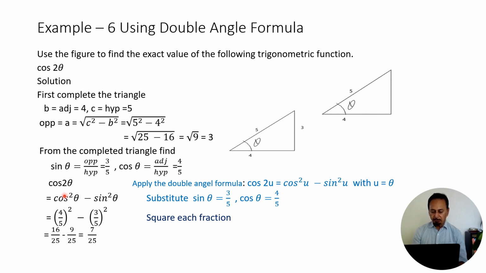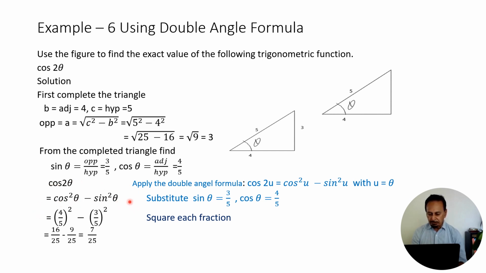Now we rewrite cosine 2 theta using the double angle formula, cosine 2u equals cosine squared u minus sine squared u, with u equal to theta. In other words, if I put theta in place of u, we do the same thing on the right side, so you will have cosine squared theta minus sine squared theta, which is equal to cosine 2 theta.